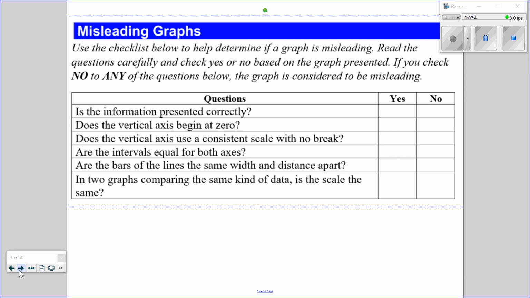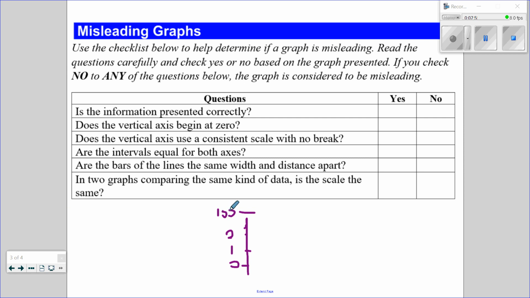Sometimes when you see graphs, they'll go 0, then 1, then 2, then they'll put a little squiggly line, and then they'll say 100. That would not be a consistent scale. That has a break. It's going from 0, 1, 2 to 100. So when you present graphs looking like that, it's going to be misleading.